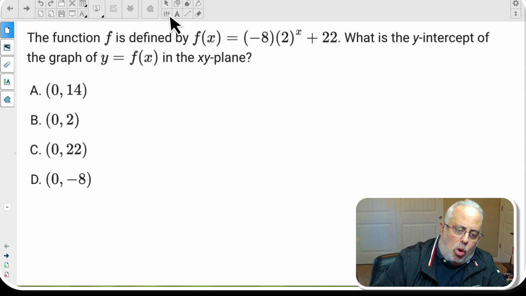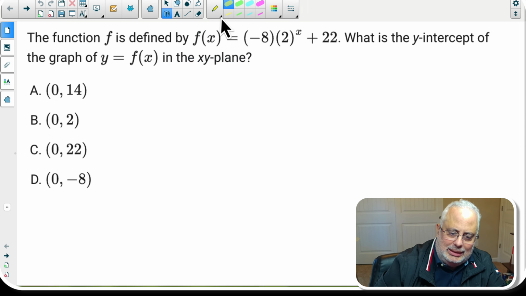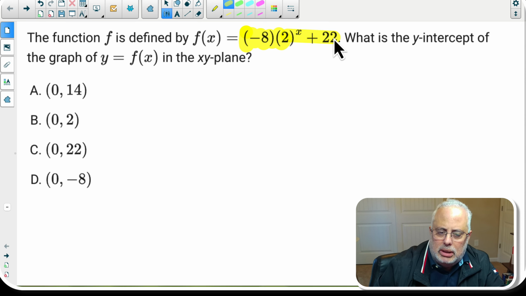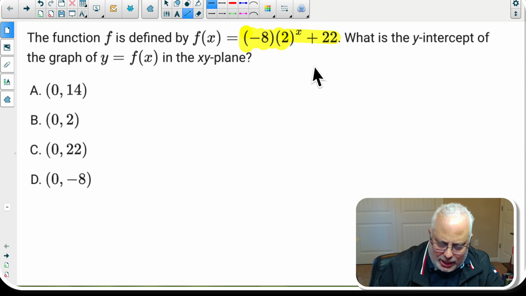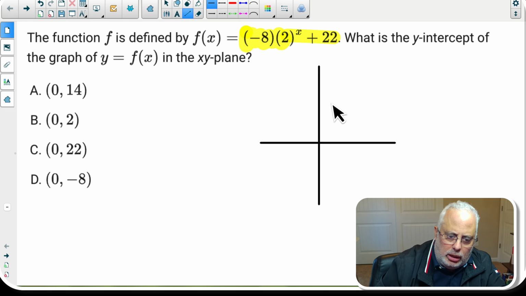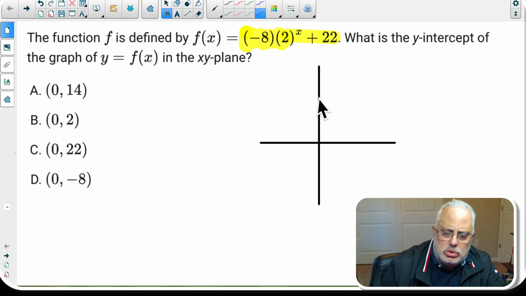Okay, number one, for all of you that are getting ready for the SAT, this is an exponential function. And the y-intercept, the only thing that you need to know is that it is a point over the y-axis. So it's a point right here at any point over the y-axis.